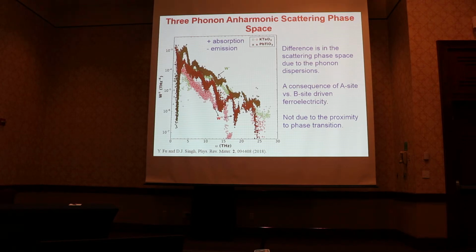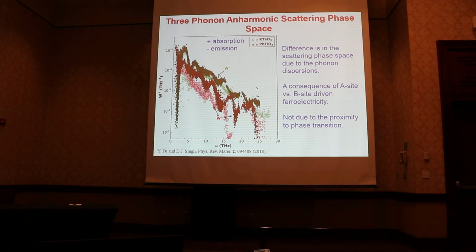And so here is the three-phonon anharmonic scattering phase space, and I mentioned already in the context of lead telluride that not just the gamma point's important. And what you can see is in this region below about 10 terahertz in lead titanate, this is a log scale, by the way, the scattering phase space is just very, very much larger.